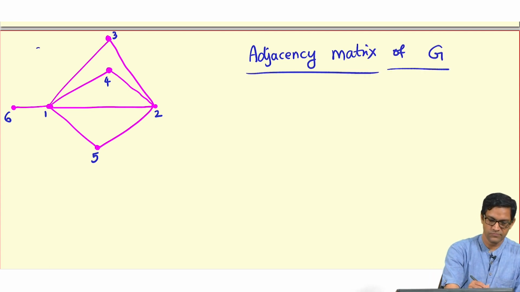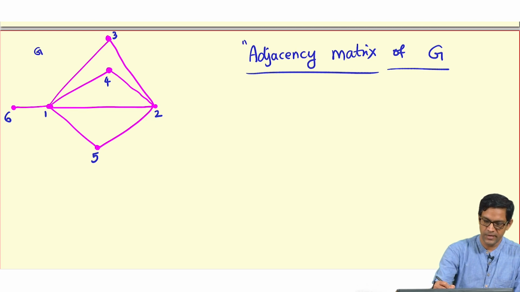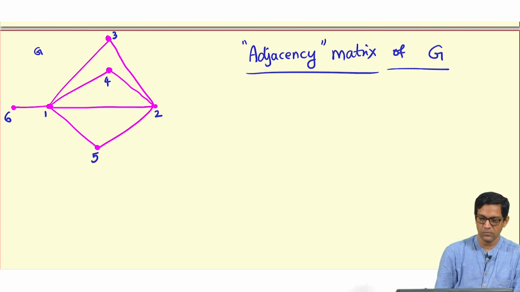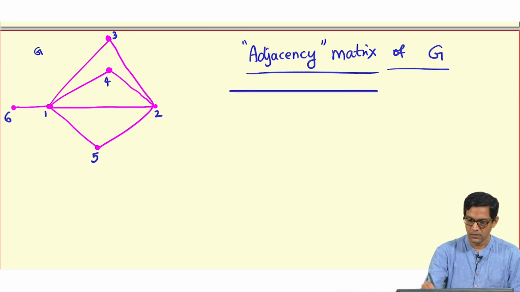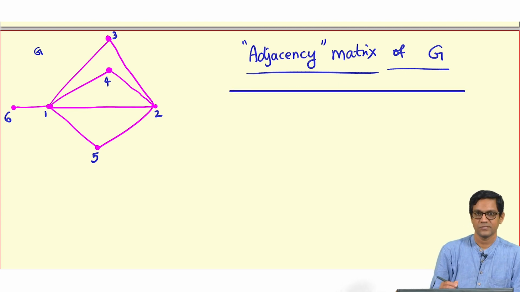So here is our graph G. What does adjacency mean? Adjacency just means we keep track of which vertex is adjacent to which one, or in other words, which is a neighbor of which. The adjacency matrix will turn out to be a table with 6 rows and 6 columns.